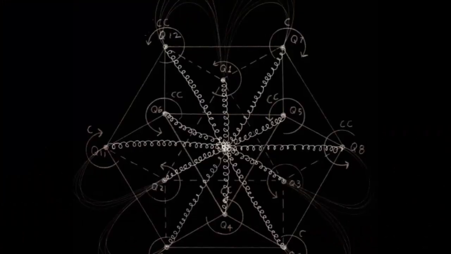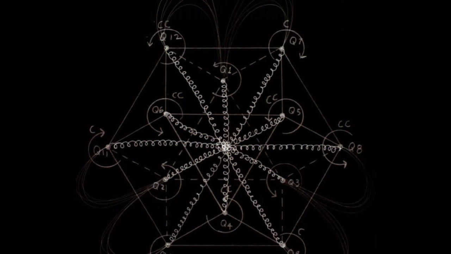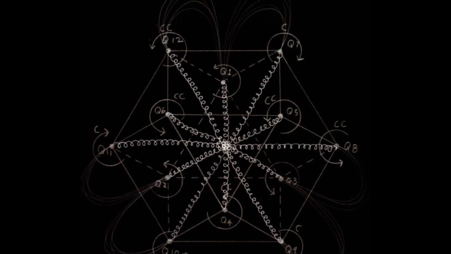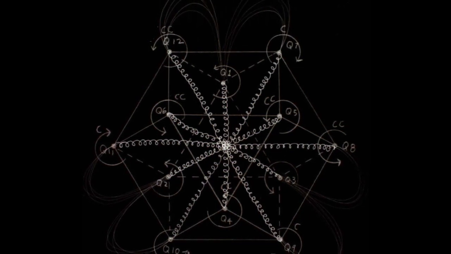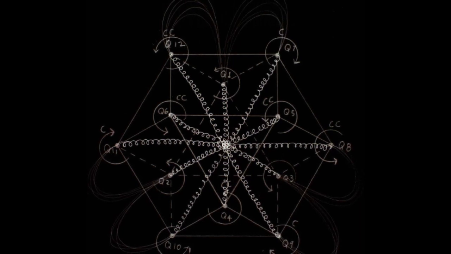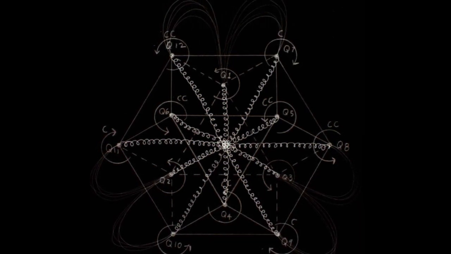Another very interesting property we found is that by applying the cube octahedron and the octahedron, the tetrahedron to the nucleus of the atom, we found that Stephen Hawking's 12-quark model fits perfectly with the cube octahedron.